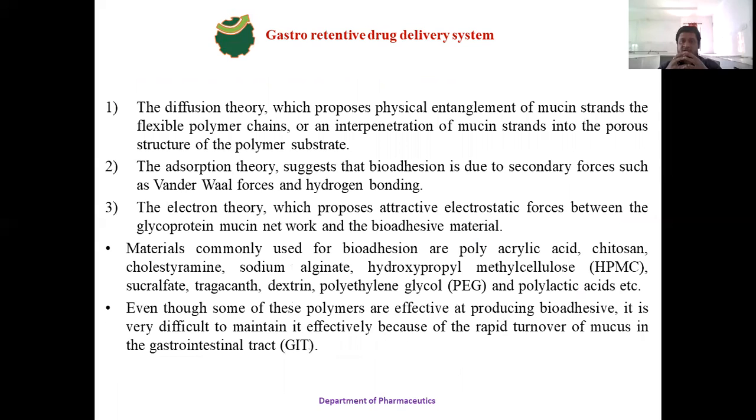Diffusion theory is based on the ability of the polymers, meaning the bioadhesive polymer and the glycoprotein, the mucin, which is present in the mucosal layer.